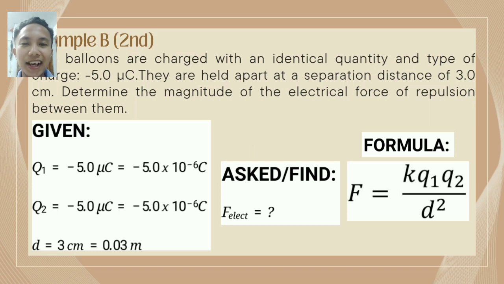The electrostatic force is missing, and thus we need to find the electrostatic force, just like in the last problem. The formula to be utilized in this problem is the same: the electrostatic force is equal to the Coulomb's law constant times the initial quantity of charge times the final quantity of charge divided by the square of the separation distance.